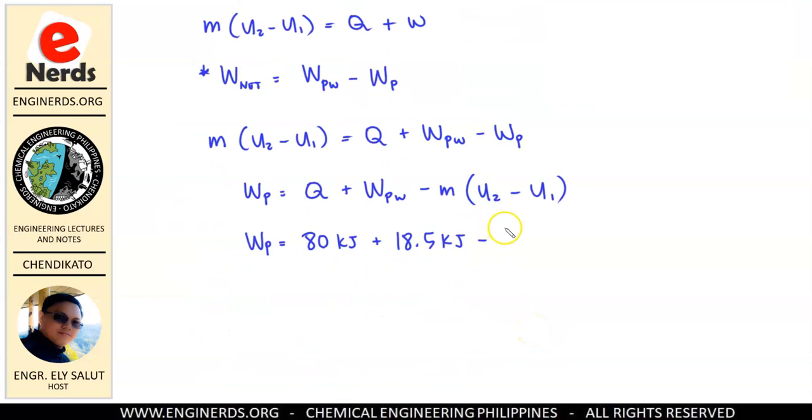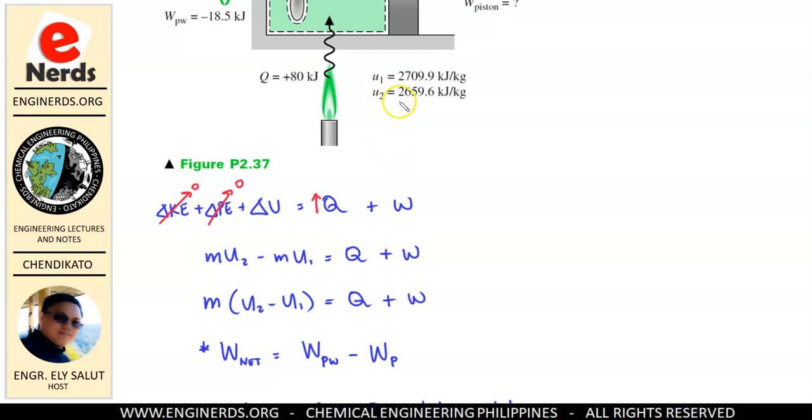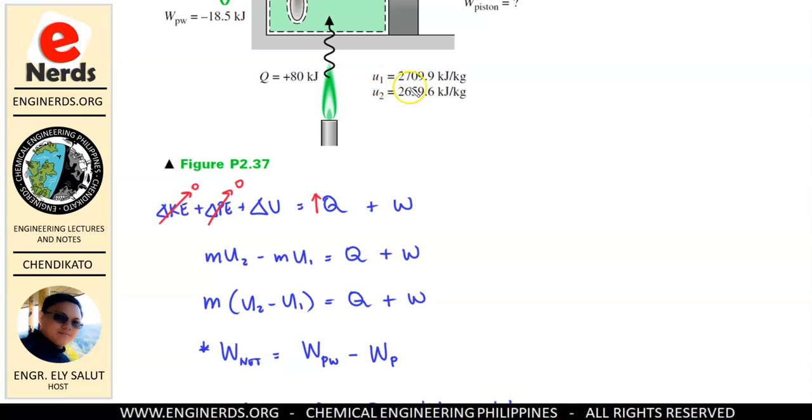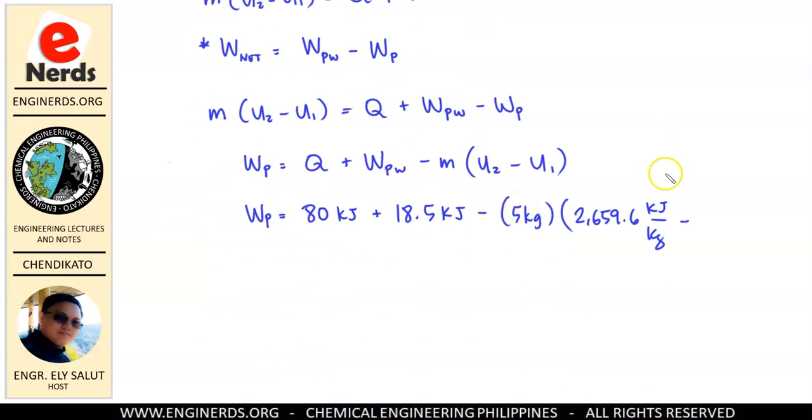So I will have here 5 kilograms times our specific internal energy 2, which is 2659.6 kilojoules per kilogram, minus our specific internal energy 1, which is 2709.9 kilojoules per kilogram. Okay, so our units here will be cancelled out, itong kilograms natin. So ang maiiwan here is only kilojoules.